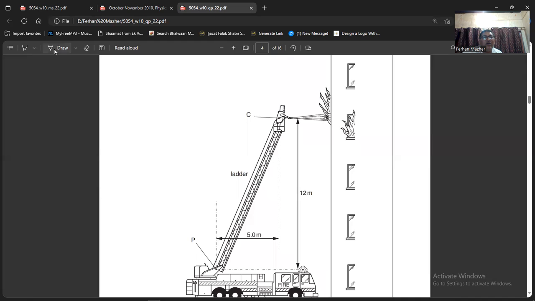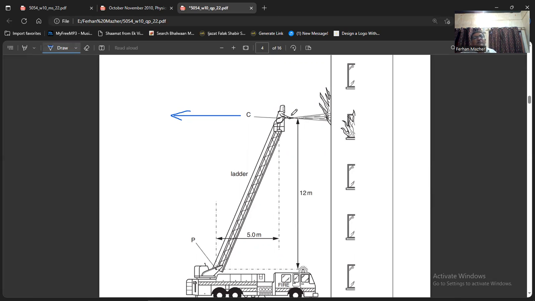So the line of action, as you see, the force will be acting in this direction. So the perpendicular distance between the line of action of this force R and the pivot will be 12 meter. So the moment arm for that force will be 12 meter.